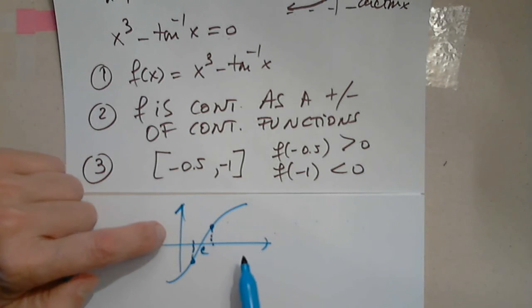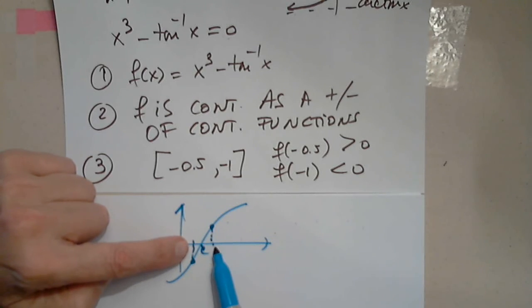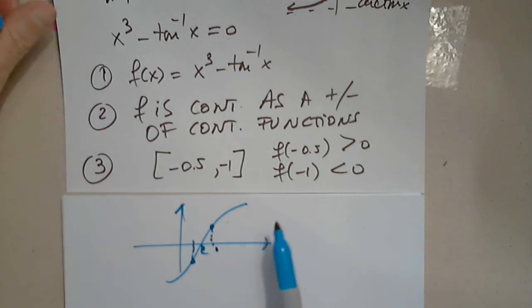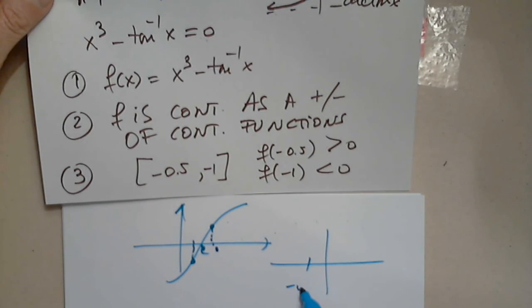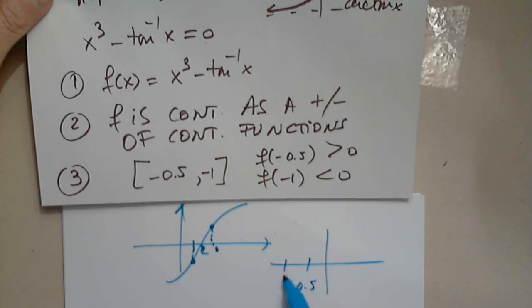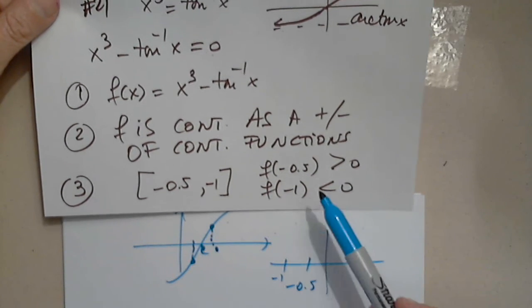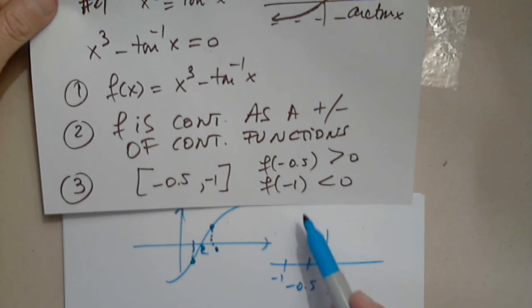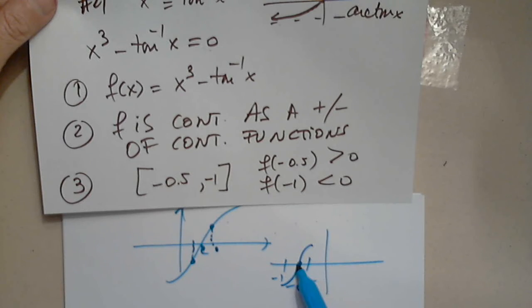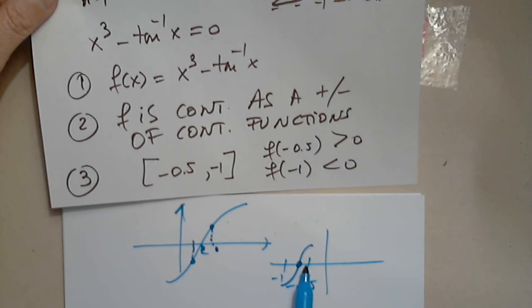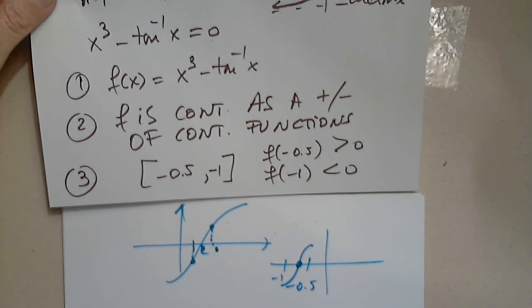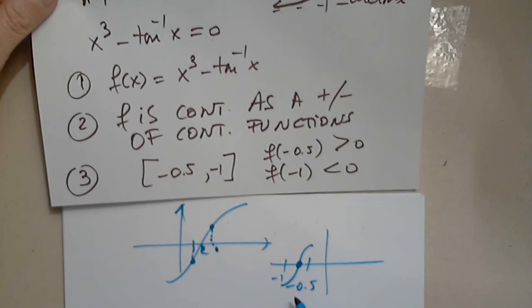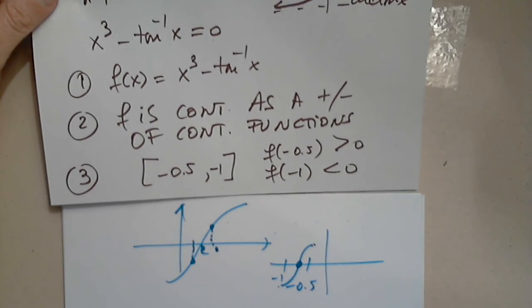It has to have an x-intercept between this and this. So that's what we say here, that the function at -0.5 is positive, and at -1 is negative. So it must cross between -1 and -0.5, because it's continuous, and it changes sign from negative to positive.